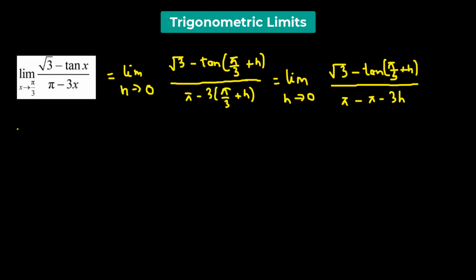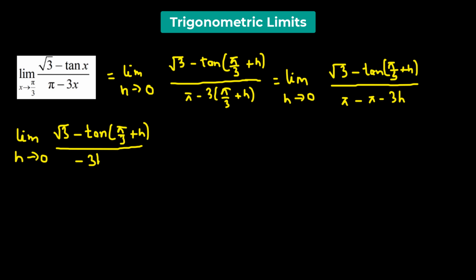So we have limit h approaching 0 of square root of 3 minus tangent of pi over 3 plus h, divided by negative 3h.